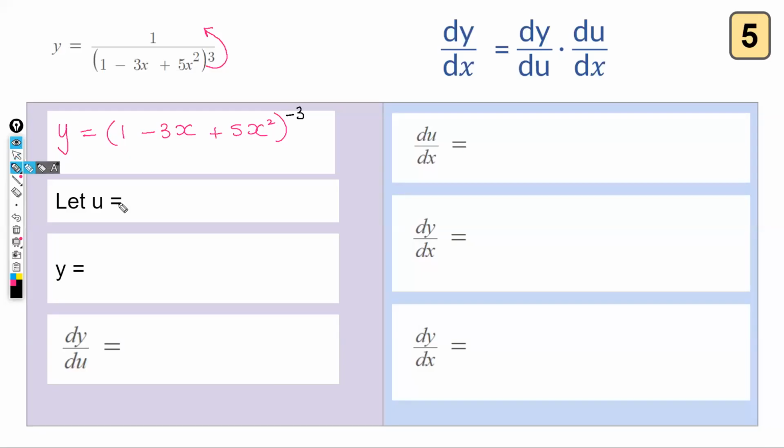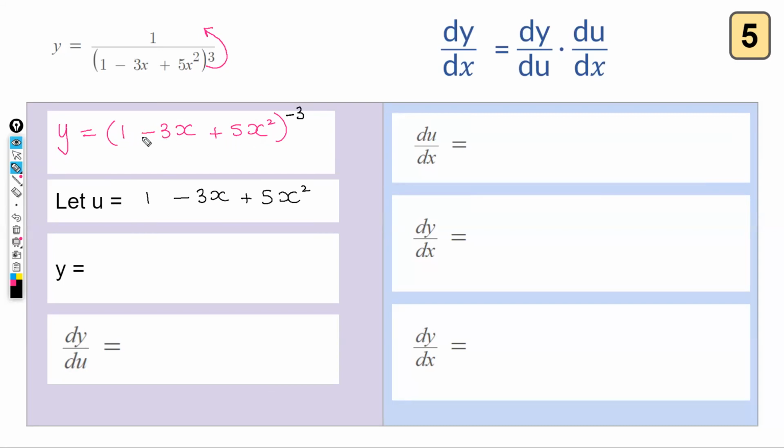Right, so let's get to u. We always let the letter u be equal to the item inside the brackets. So the item inside the brackets is 1 minus 3x plus 5x squared. So this entire thing inside here is the letter u, always.